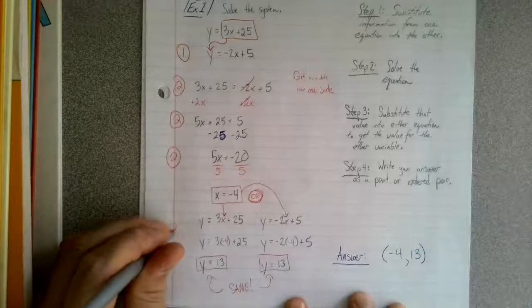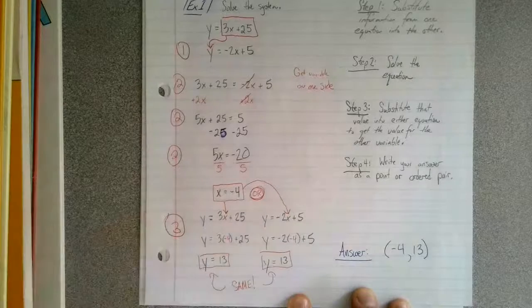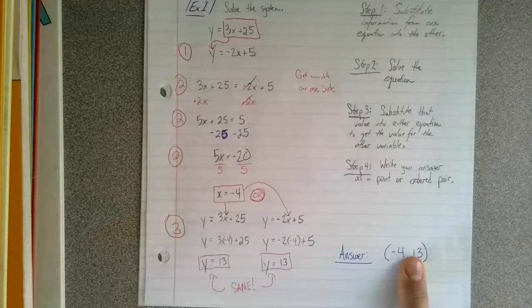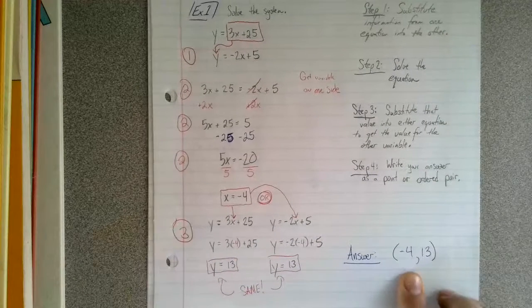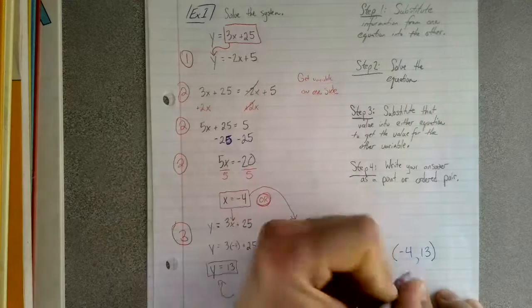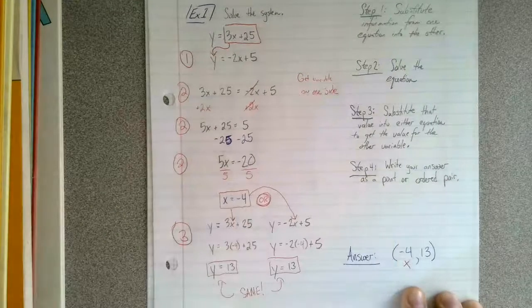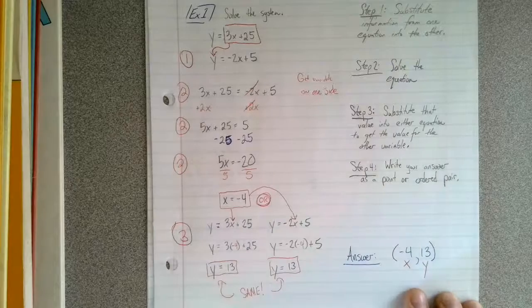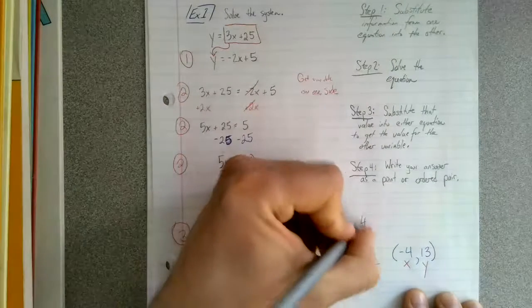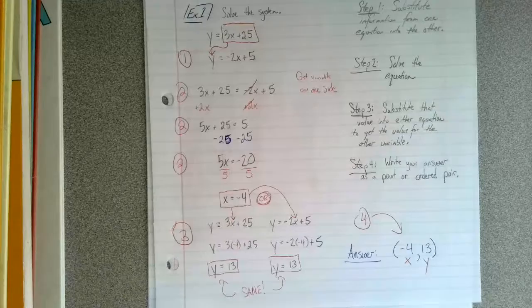So that's step three right here. And then our last step is to write our answer as a point or an ordered pair. Our x value was negative 4, and our y value was 13. And so this is our fourth step, which is just writing our answer like that.